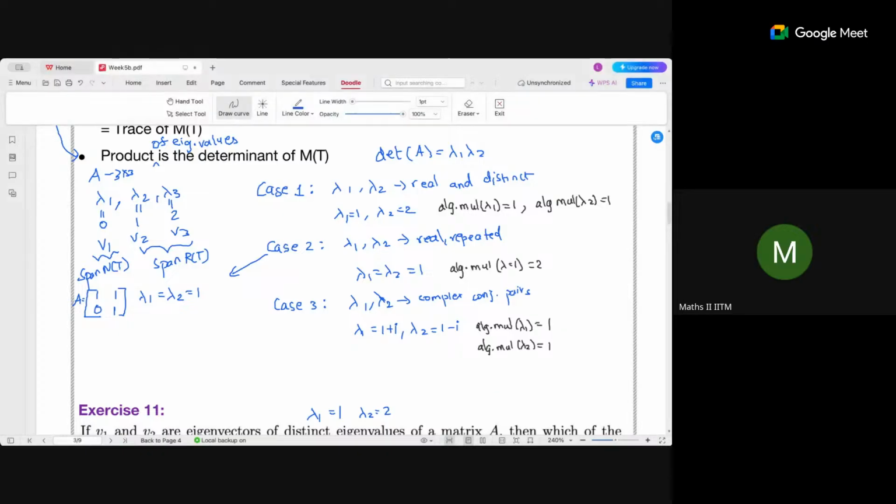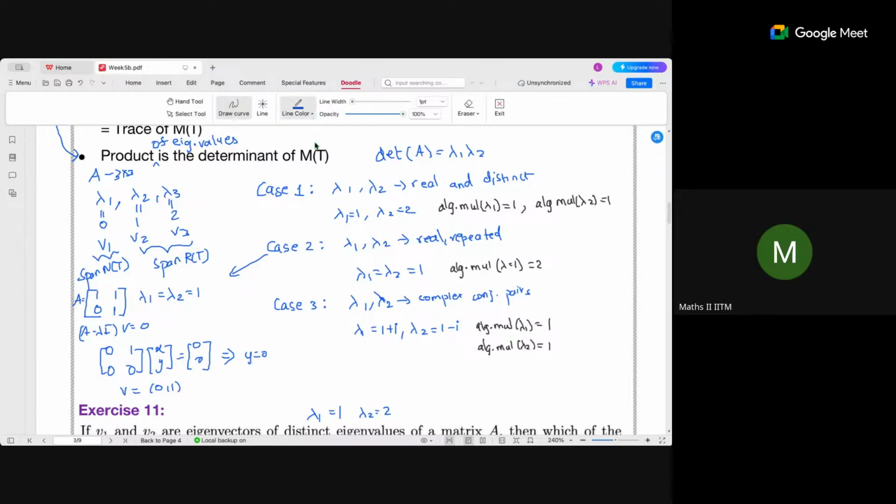So let me write it. So here you have (A minus lambda I) v equal to 0, which implies [0, 1; 0, 0] times [x, y] equal to 0. So this will mean that your y is equal to 0. So you have only one eigenvector, (1, 0), for lambda equal to 1.